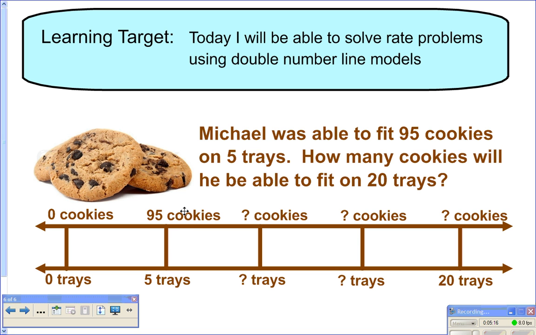You know 95 cookies on 5 trays, and we want to calculate how many cookies will fit on 20 trays. Remember, each 5-tray increment should add another 95 cookies. Looking at our double number line, you should be able to calculate how many cookies would fit on 20 trays.